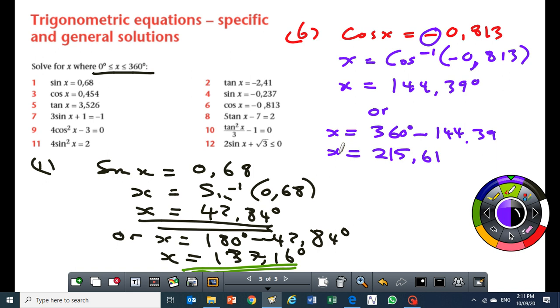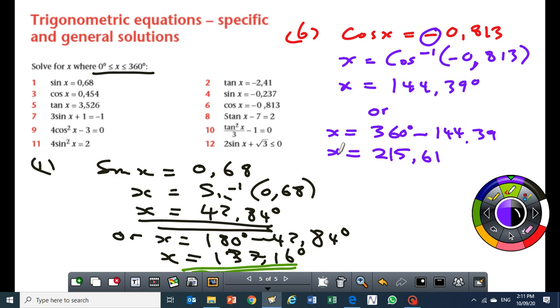Put them in your calculator. They're giving you the same answer. I just want to remind you, this exercise is grade 10.